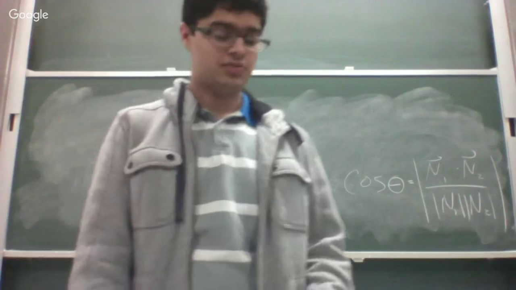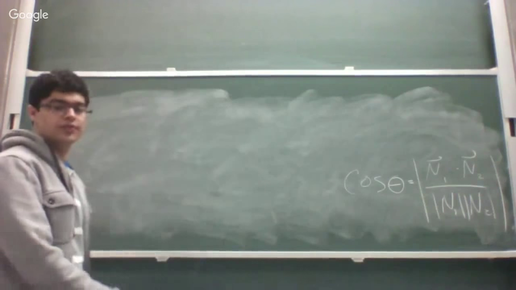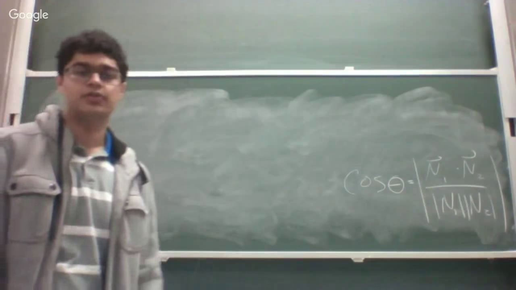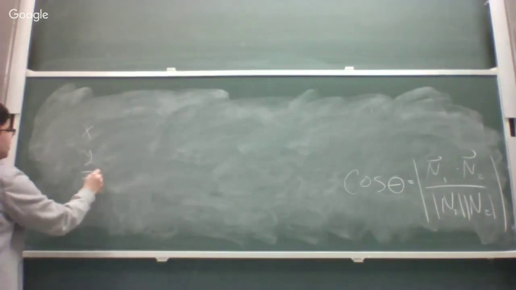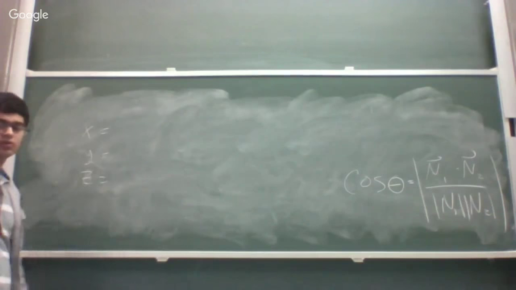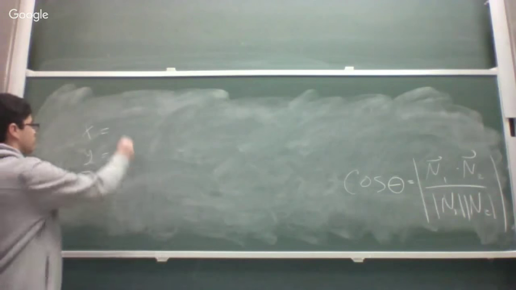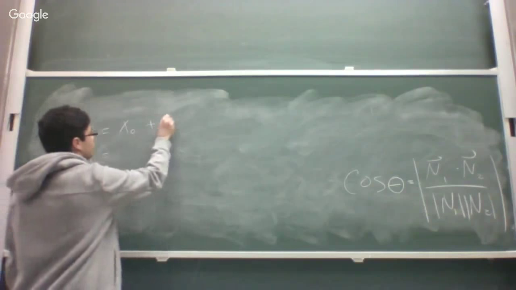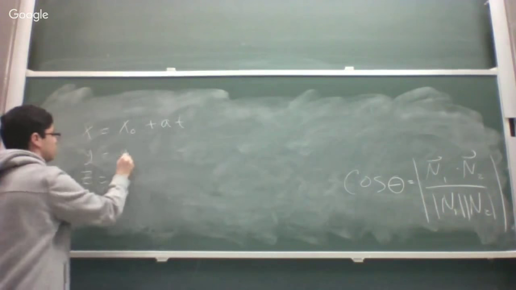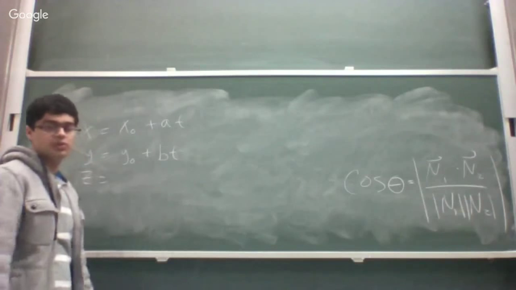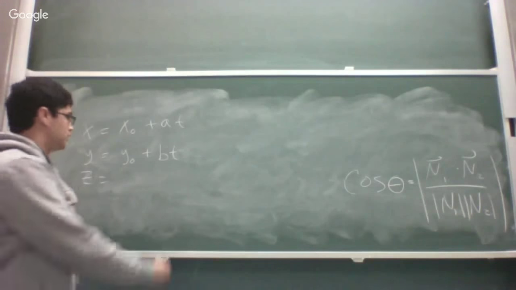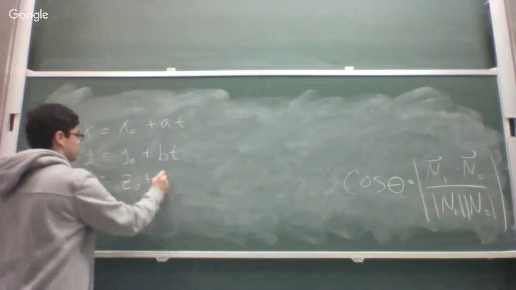Equation of a line. It's very important that you guys know that this is the form that you write an equation of a line in. So I'll just write x naught plus at, y naught plus bt, and then z naught plus ct.